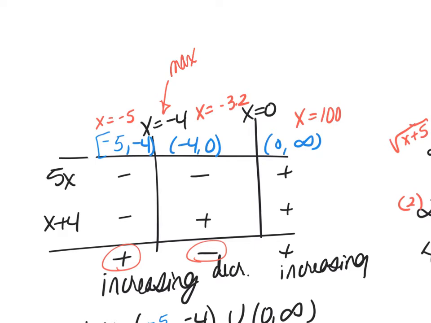Because I'm coming in decreasing and leaving increasing, that tells me that x equals 0 is a minima. The first derivative test gives us that extrema. It tells us whether our critical points really are a maxima or minima. So that's what the first derivative test does for us.